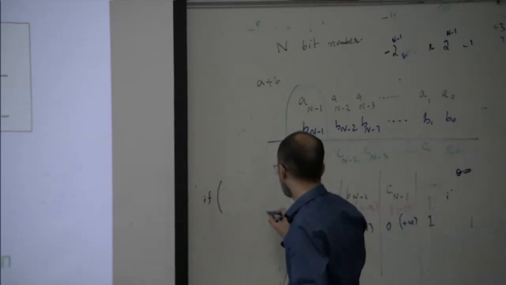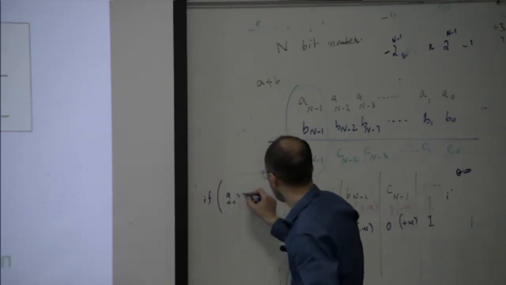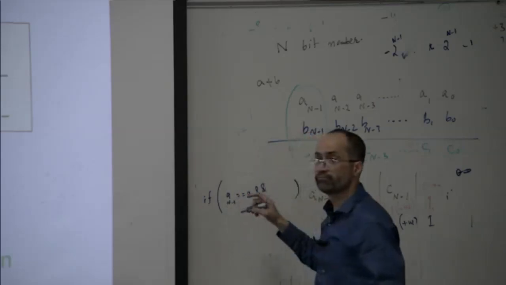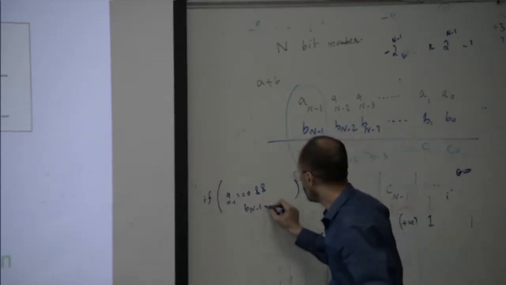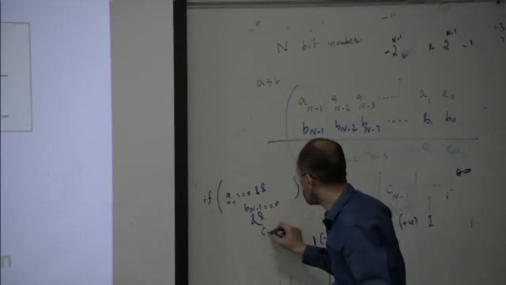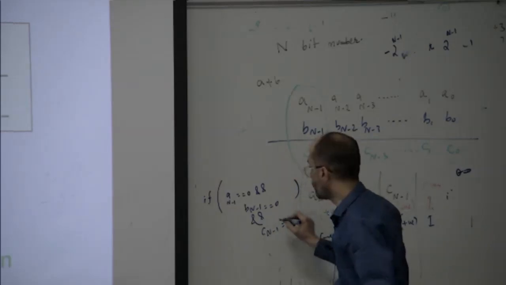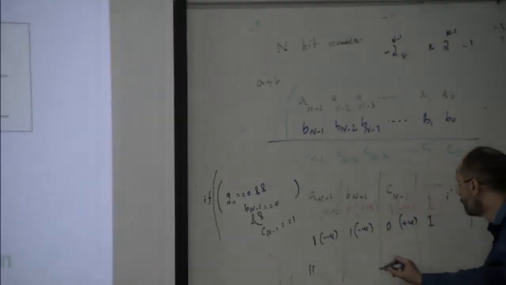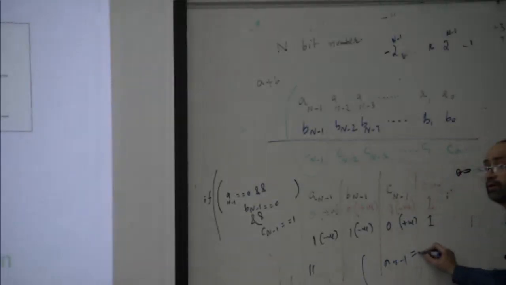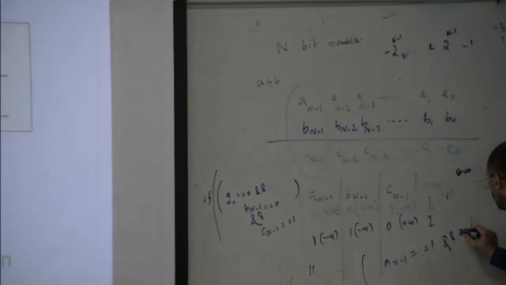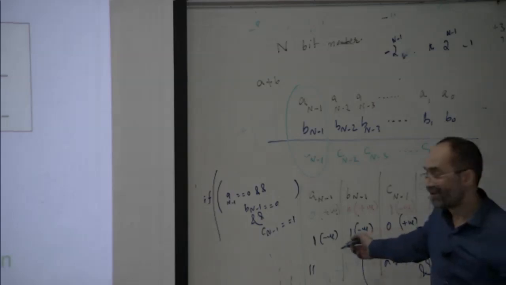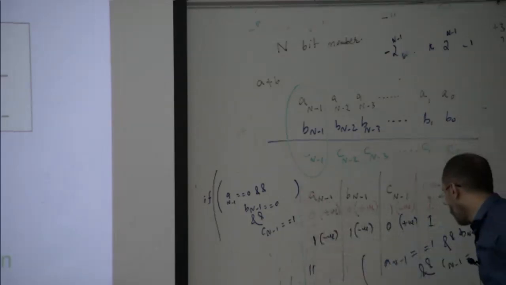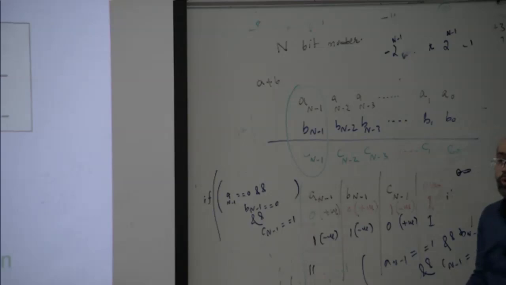If a n minus 1 is equal to 0 and b n minus 1 is equal to 0 and c n minus 1 is equal to 1, or a n minus 1 is 1 and b n minus 1 is 1 and c n minus 1 is 0. In these two scenarios, overflow will be equal to 1.